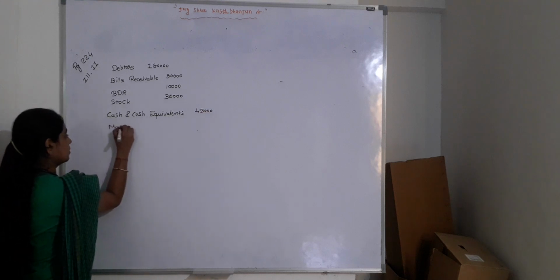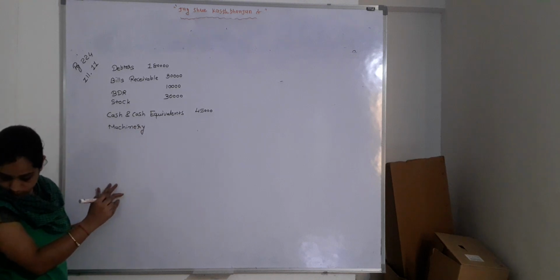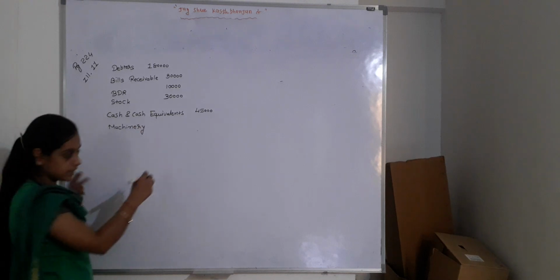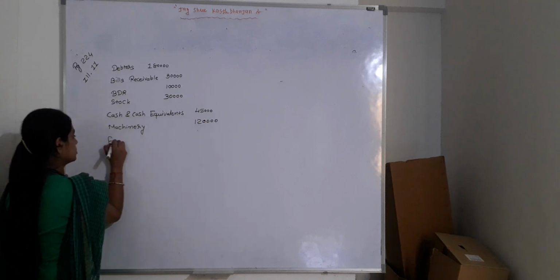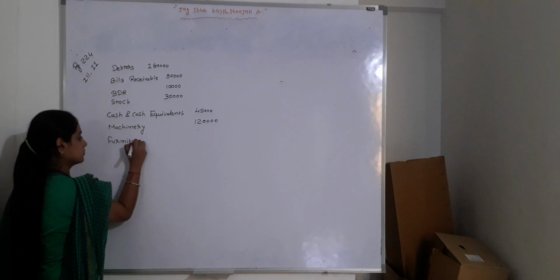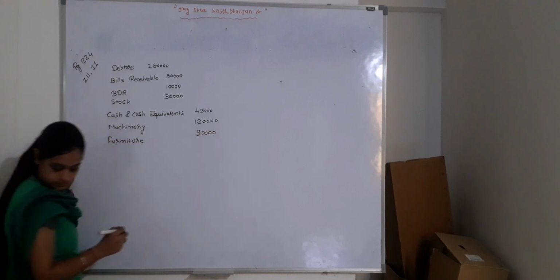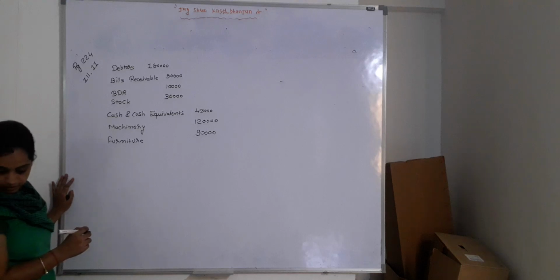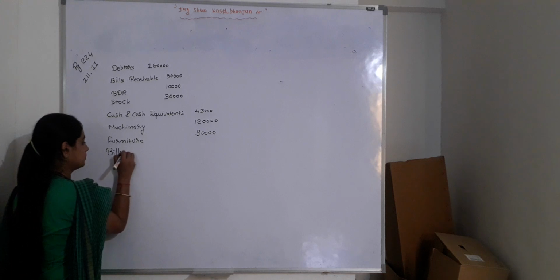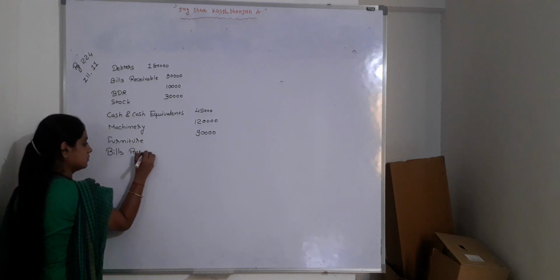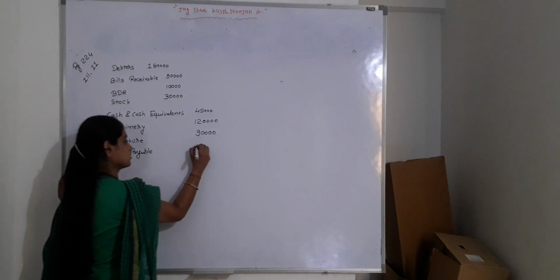Then machinery 1,20,000, furniture 90,000, bills payable 20,000.